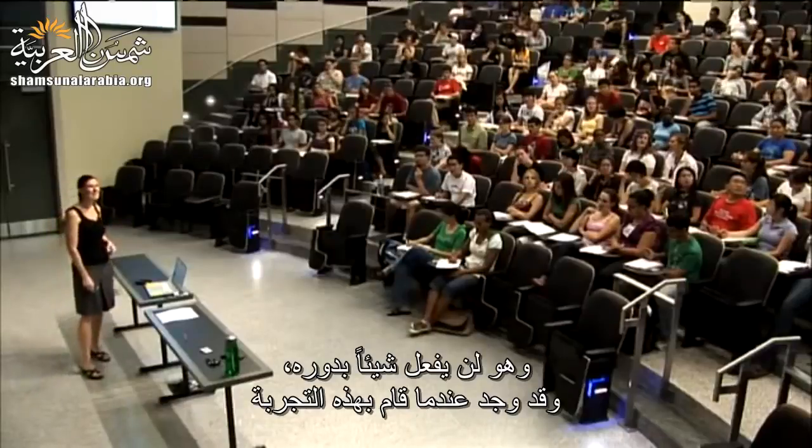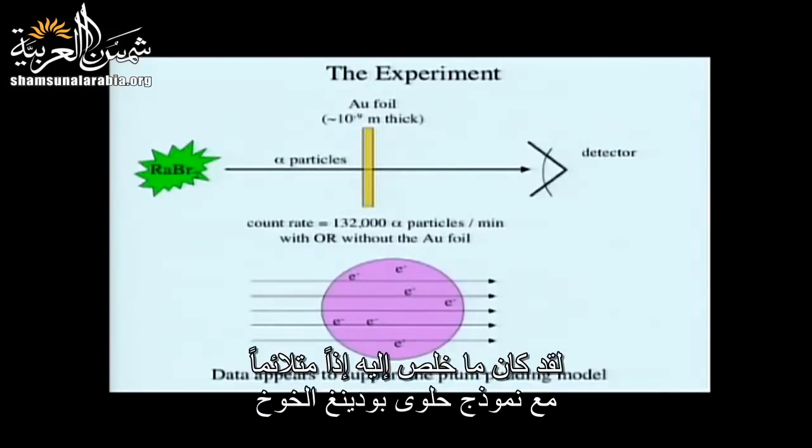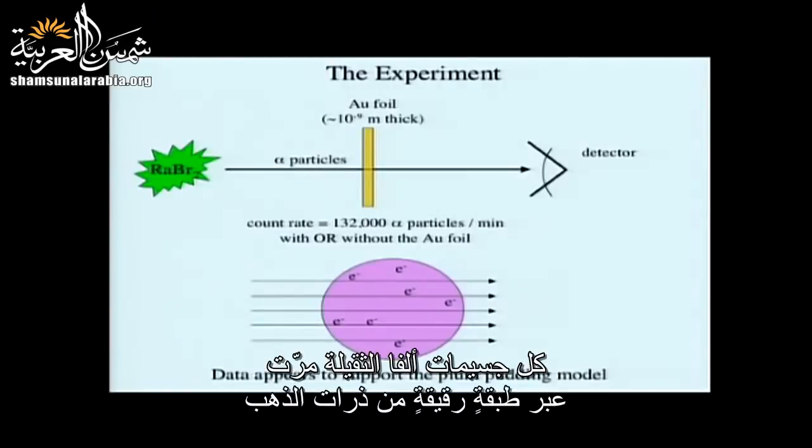And what he found when he did this experiment was that the count rate was still 132,000 counts per minute. So what he could conclude thus far was that this was really consistent with the plum pudding model. All of his heavily charged alpha particles were going right through this thin layer of gold atoms.